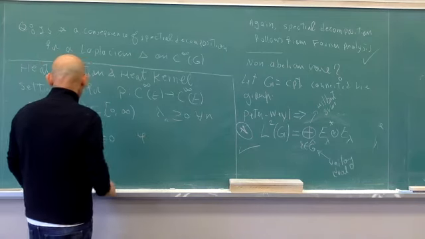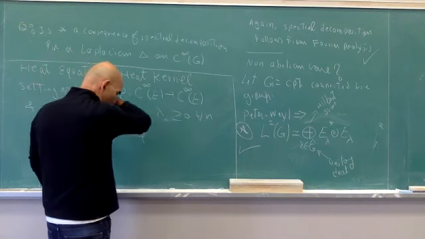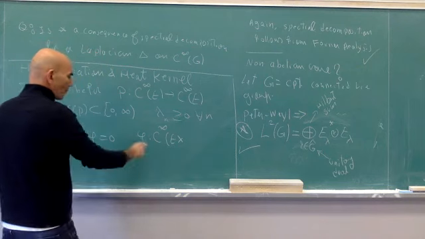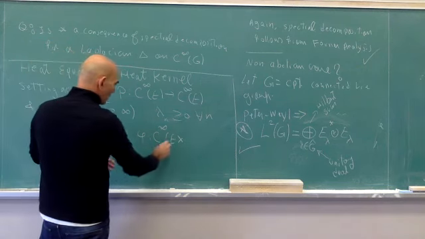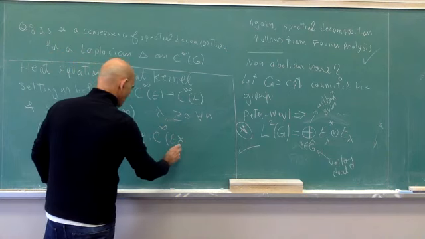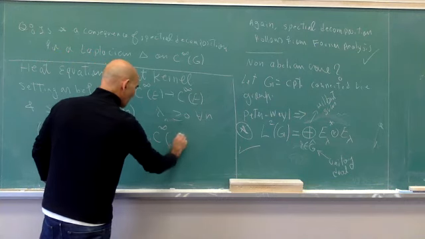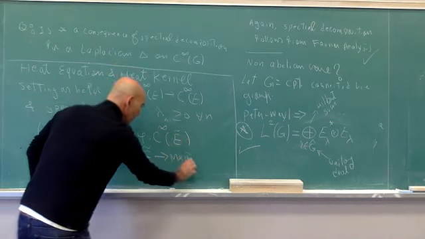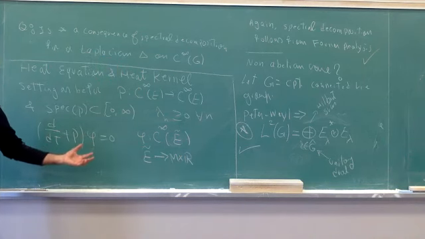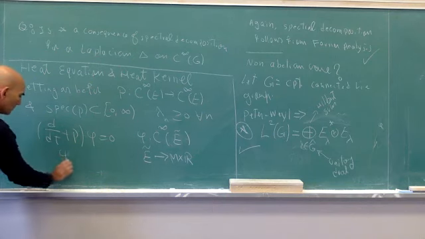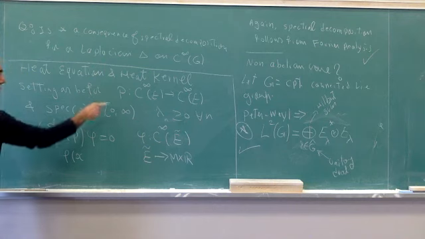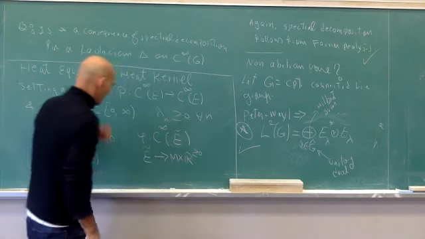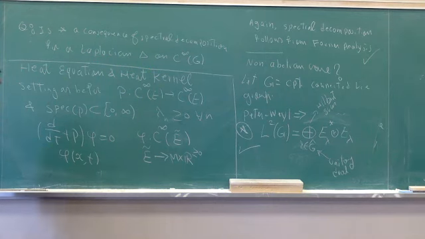Phi is now a section of the bundle E tilde, which is a bundle over M cross R. So basically, this phi is a function of two variables: one variable is in the base M, and the other one is t, which is bigger than or equal to 0. This is the heat equation.